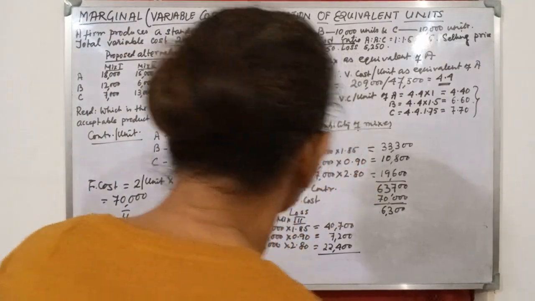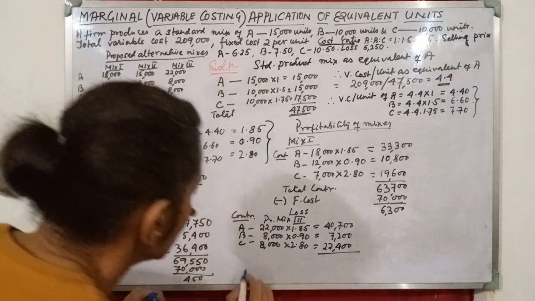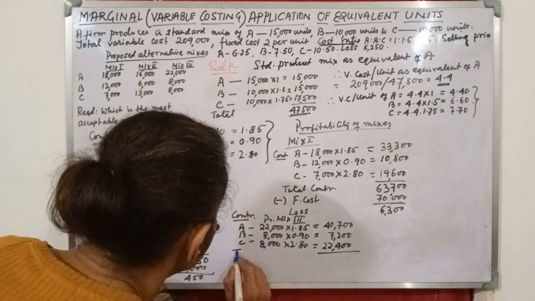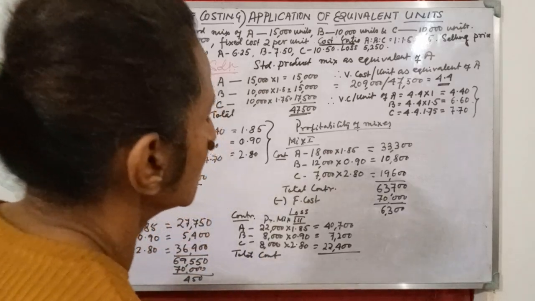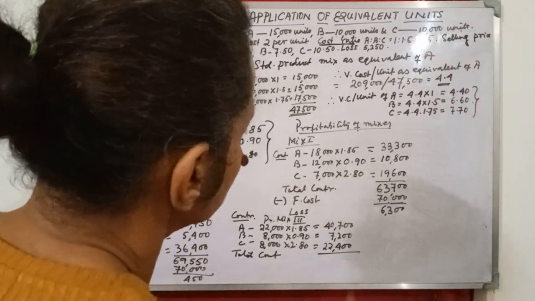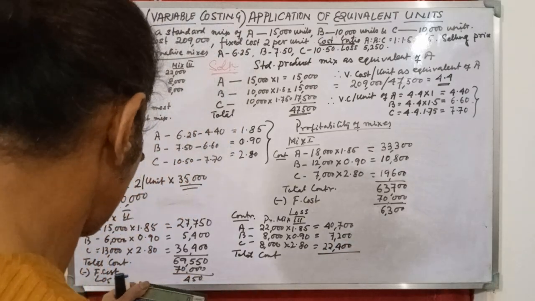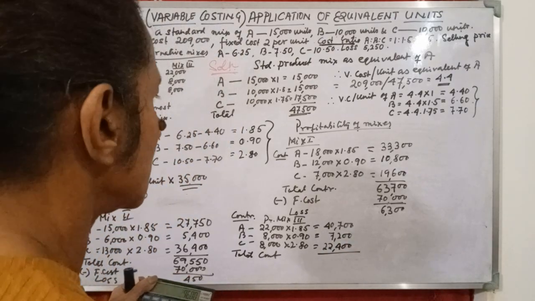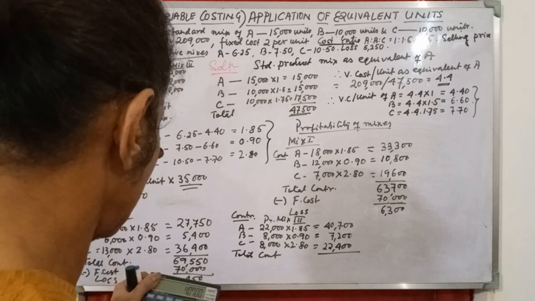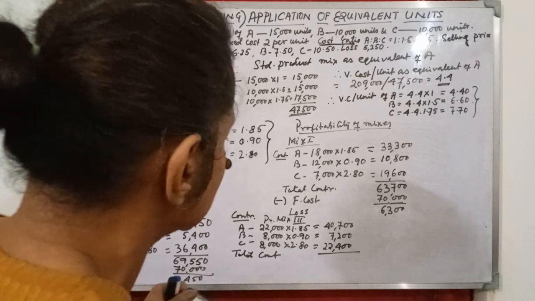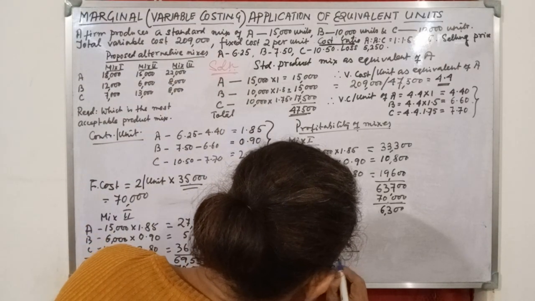So we add up to find out the total contribution of product mix 3. So total contribution is this plus this plus this, equal to 70,300.